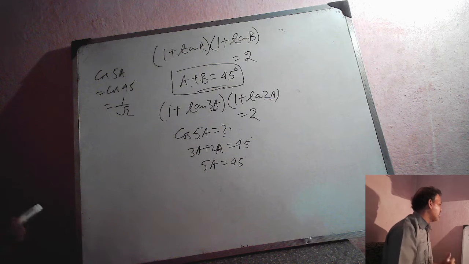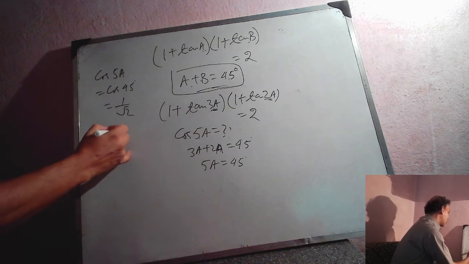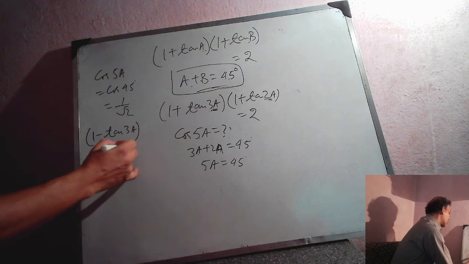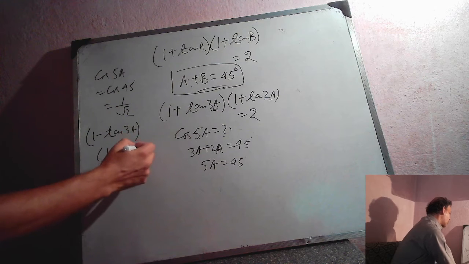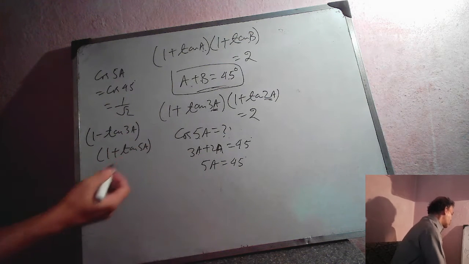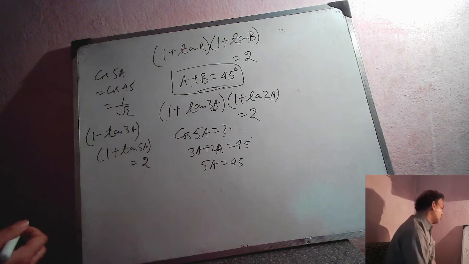Let us try another one. (1 - tan 3A)(1 + tan 5A) = 2.